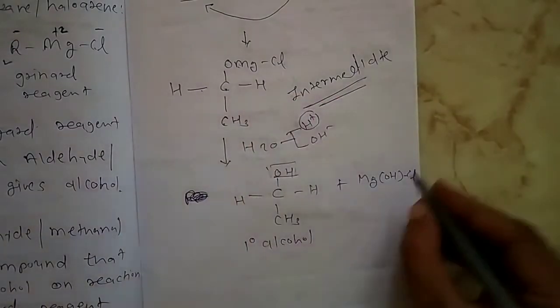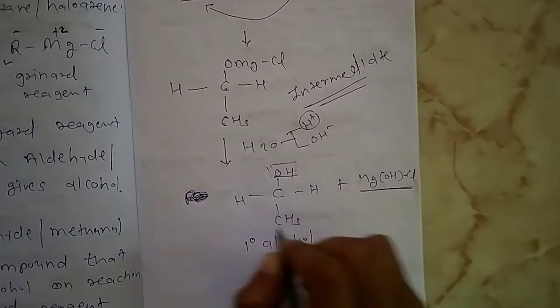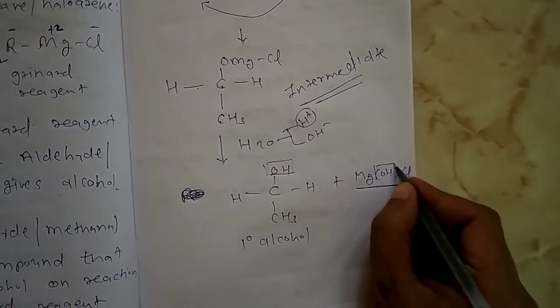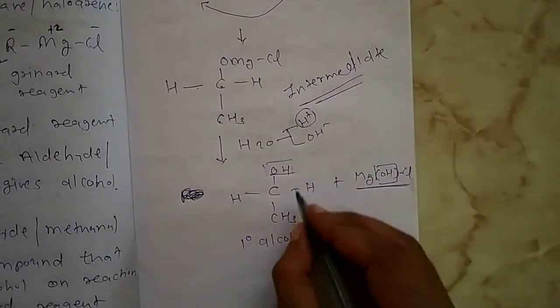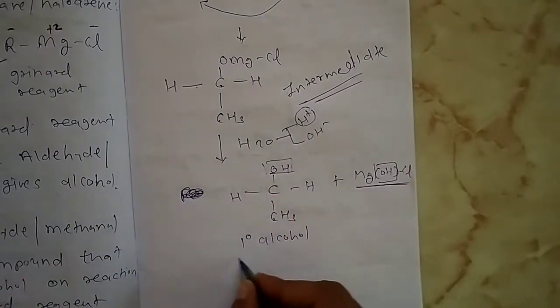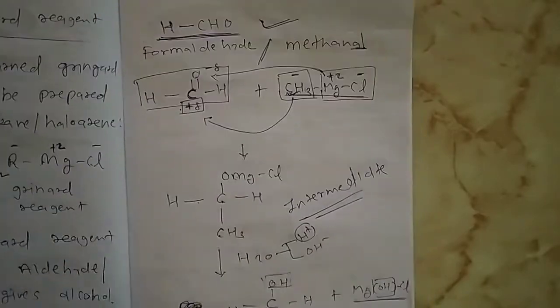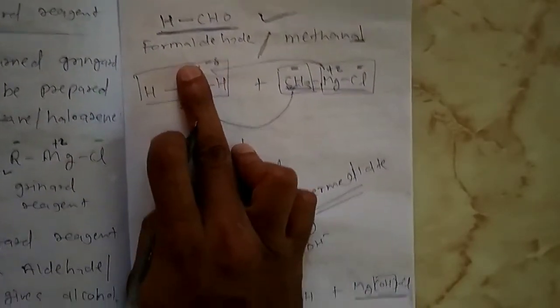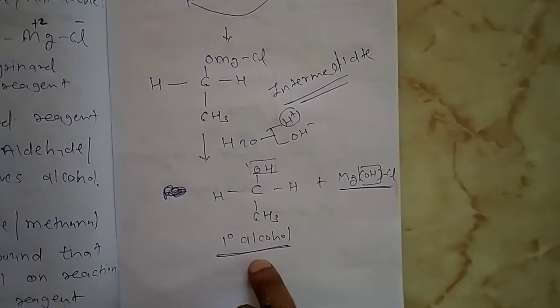The remaining part, MgCl, will get the OH part. So you will get the product. Now you can see this one is our 1 degree alcohol. We are reacting formaldehyde here. So it is the only compound that gives 1 degree alcohol on reaction with Grignard reagent.